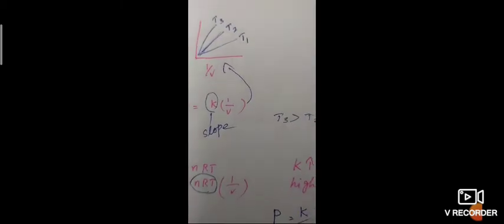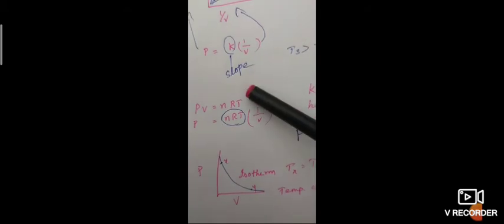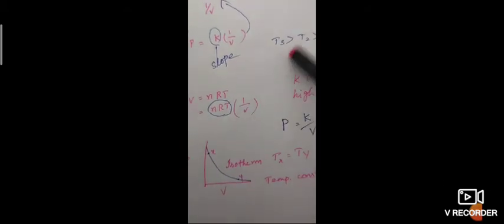So a high slope means temperature will be more. The higher the slope, the higher the K value and the higher the temperature. From this we introduce the ideal gas equation PV is equal to nRT. So P is equal to nRT into 1 by V. And already we know that P is equal to K into 1 by V. So K is equal to nRT. So nRT is a constant.